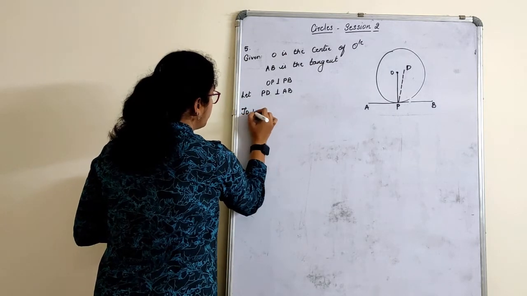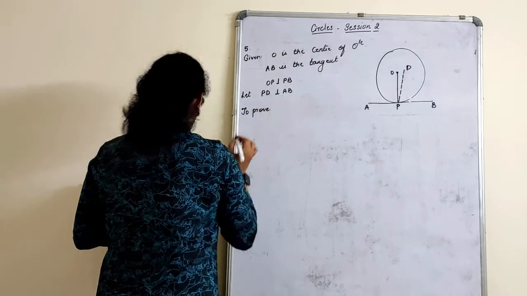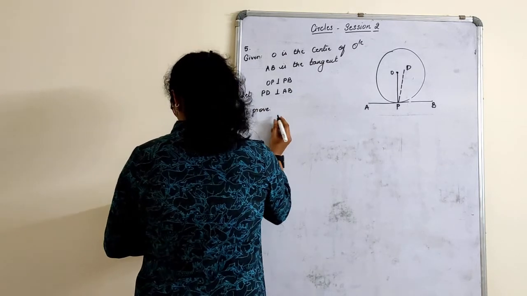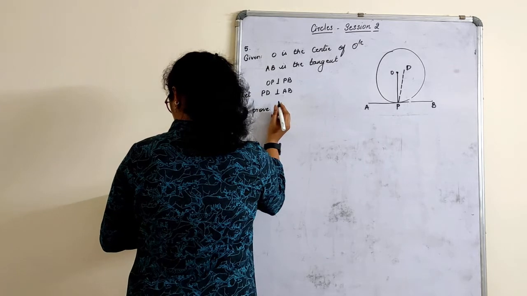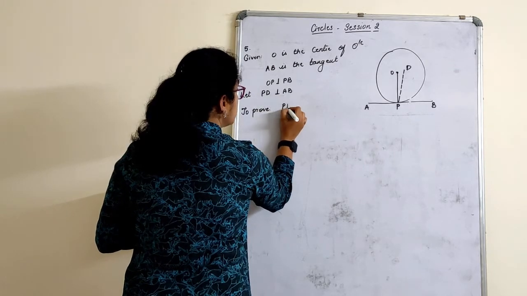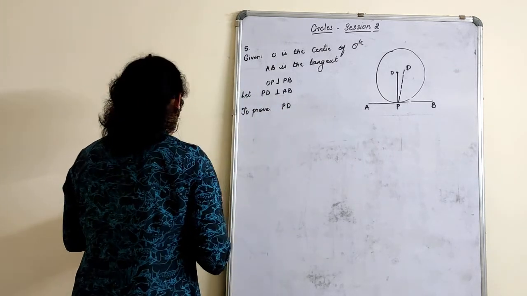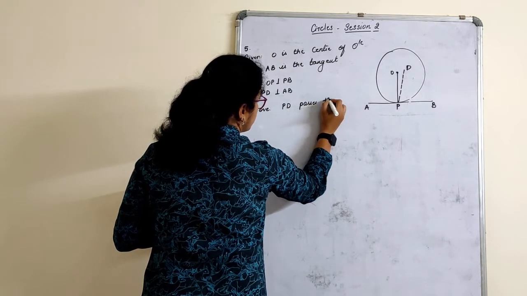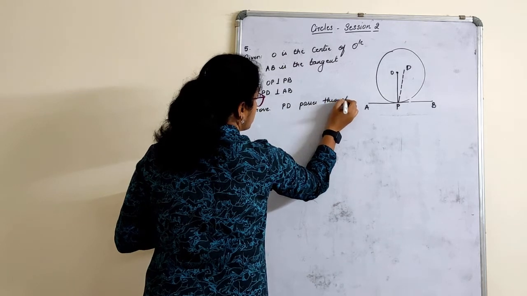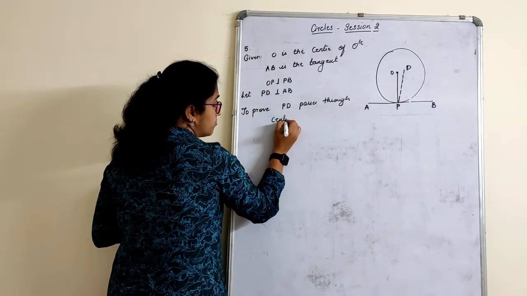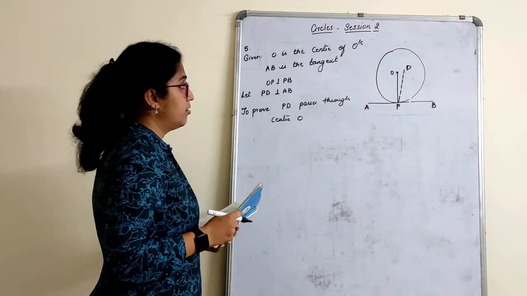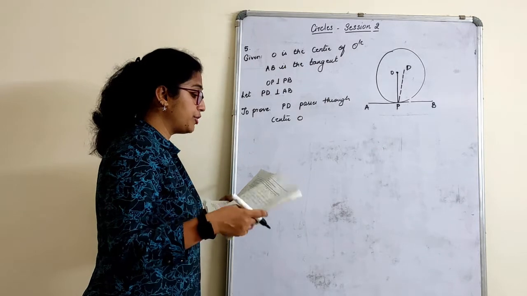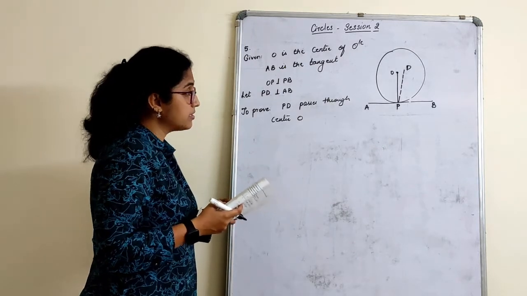Now, what we have to prove? We have to prove that PD passes through center O. According to the given question, the perpendicular at a point of contact to a tangent to a circle passes through the center.